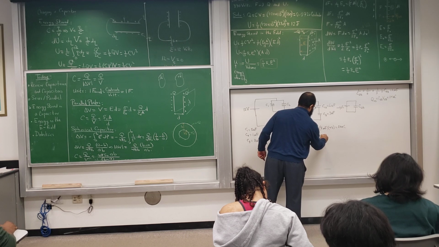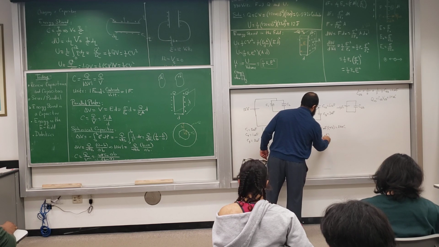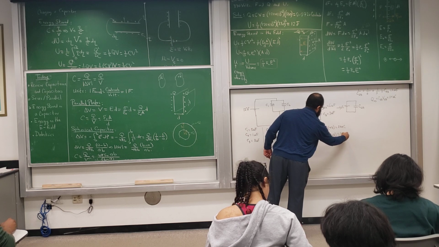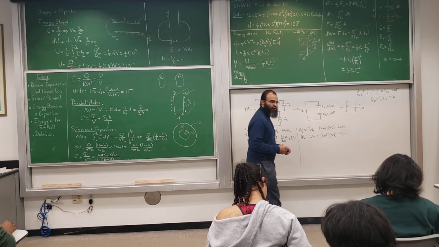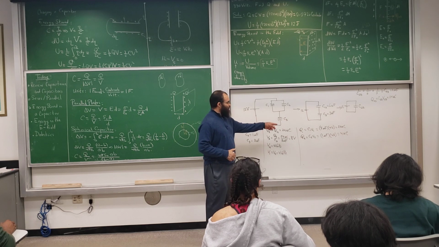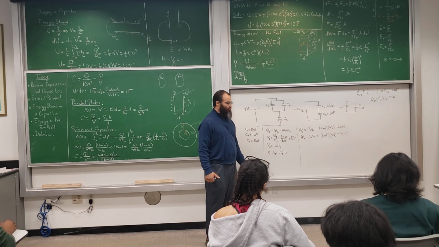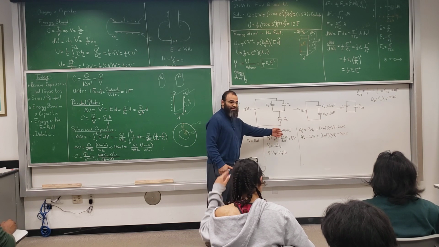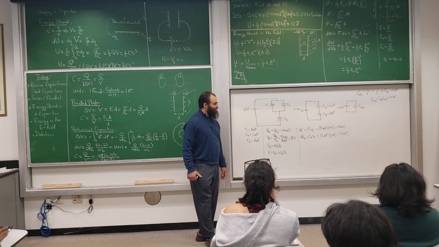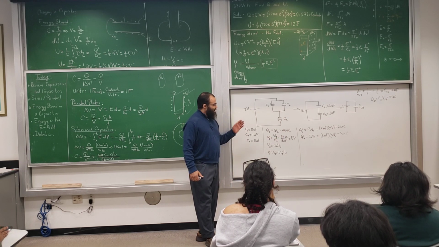For this one, C2 is 1 microfarad, 4 volts, so you get 4 microcoulombs. What do you notice? What's Q1 plus Q2? 24, as it should be. Q1, 2, they're in parallel, so it should be 24.